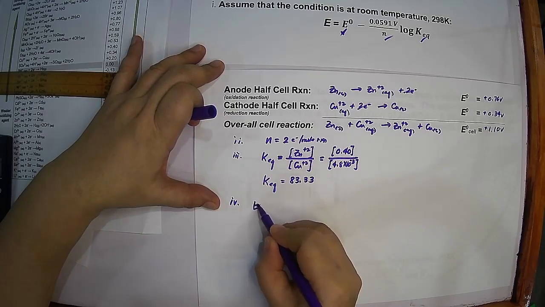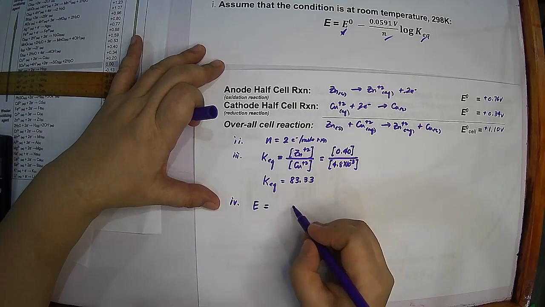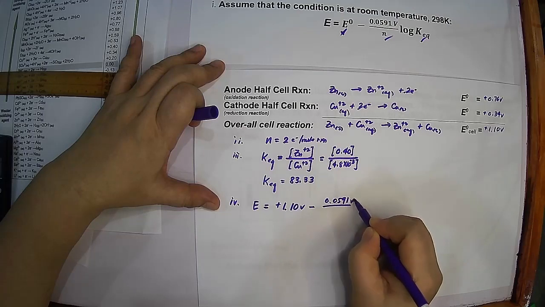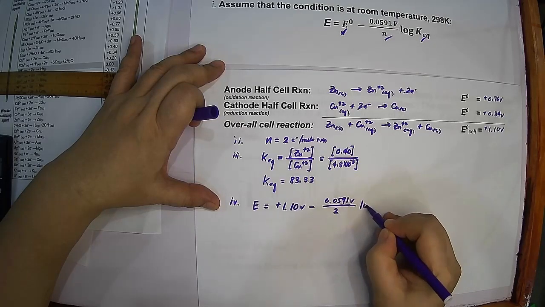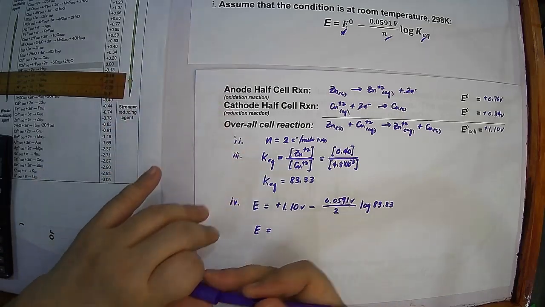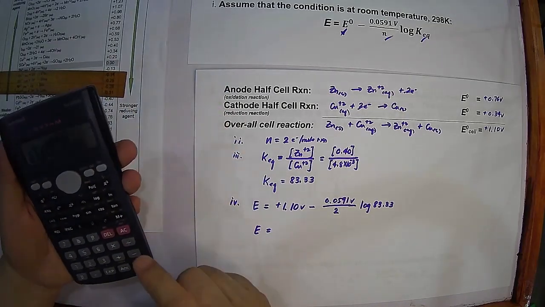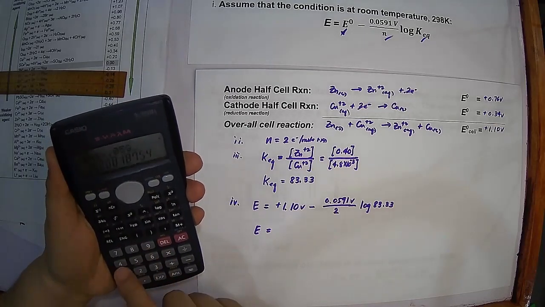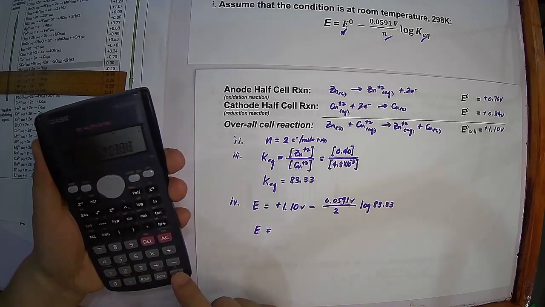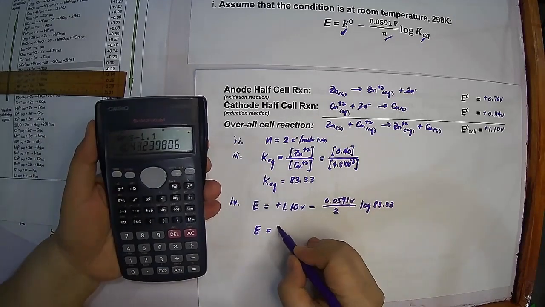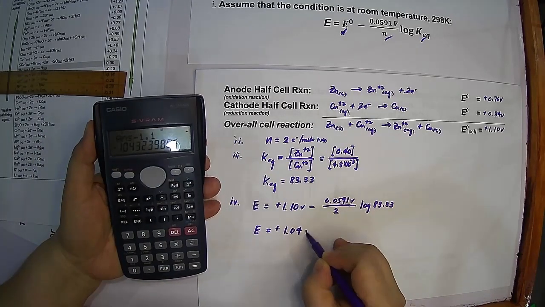So the potential of the cell at this non-standard condition, you have positive 1.10 volt minus 0.0591 volt over 2, then the log of 83.33, and that gives you a value of positive 1.04 volts.